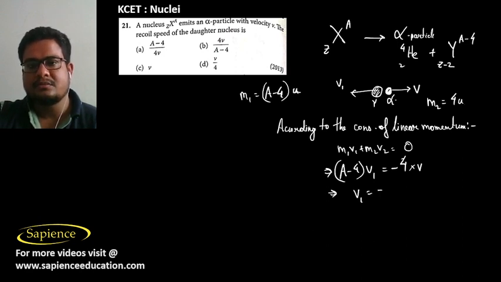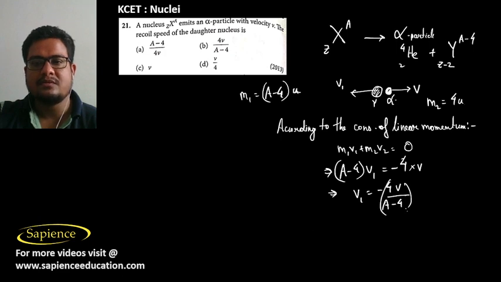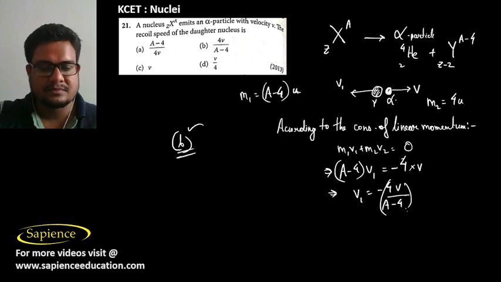Therefore v1 is minus 4v by (A minus 4). So the recoil velocity is 4v by (A minus 4). So option B is the correct answer.